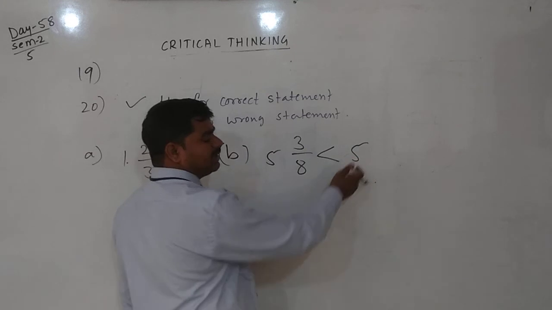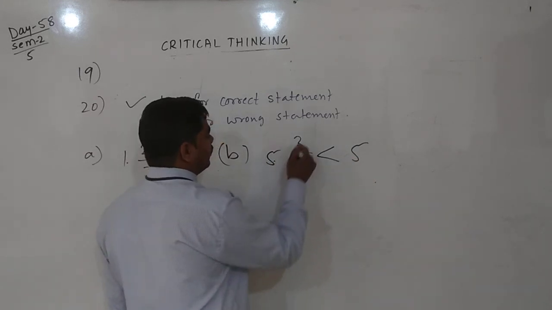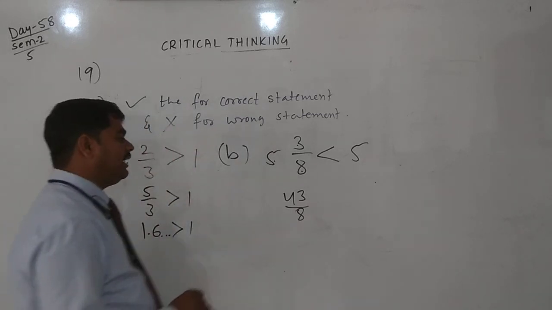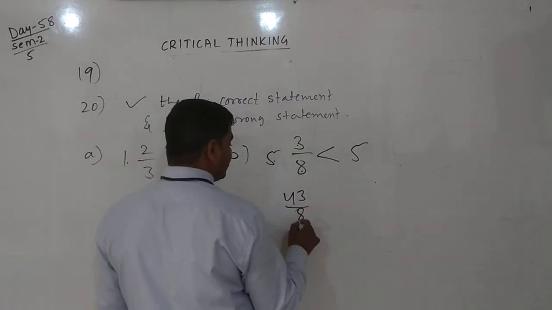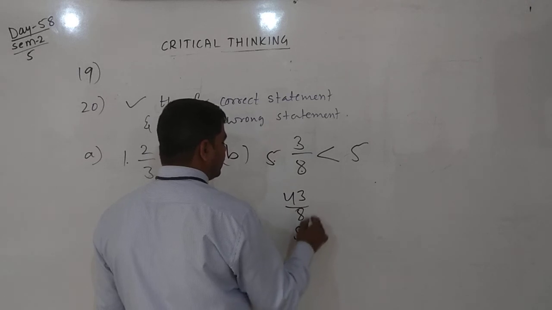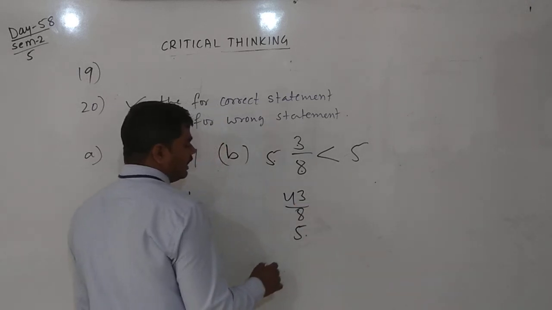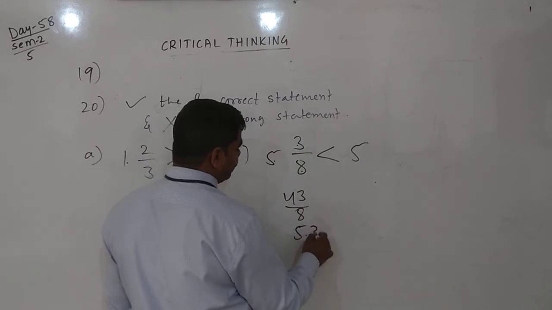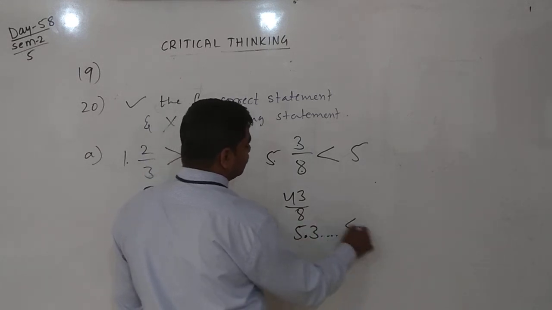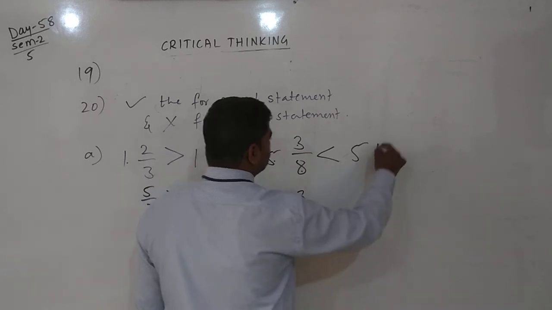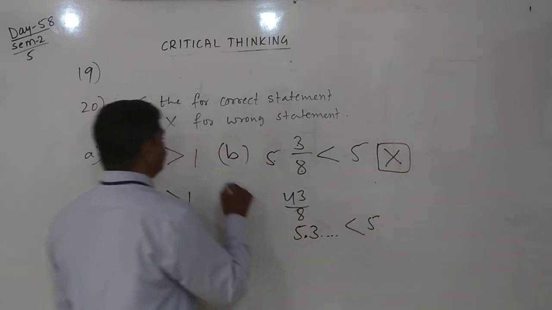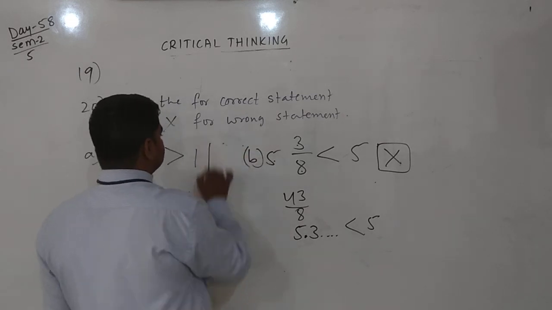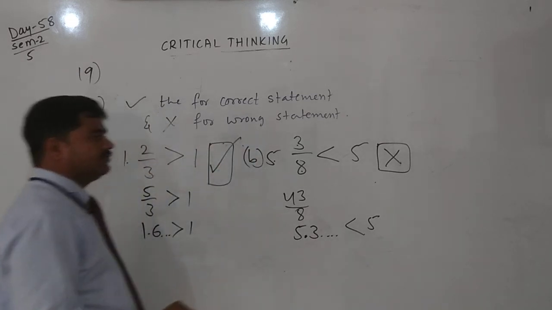It is 43 by 8. 8 5s are 40, again 3 remains. 3 by 8 is less than 1. It is 5.3 something, but here 5. This is wrong, here we can cross out.